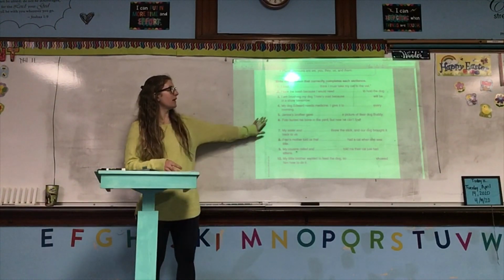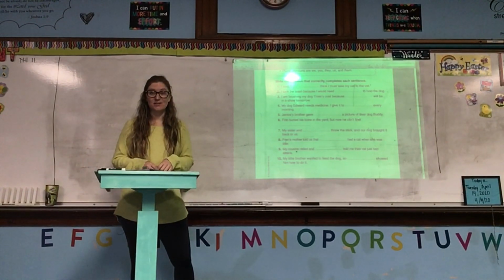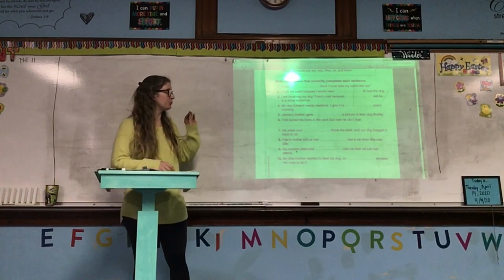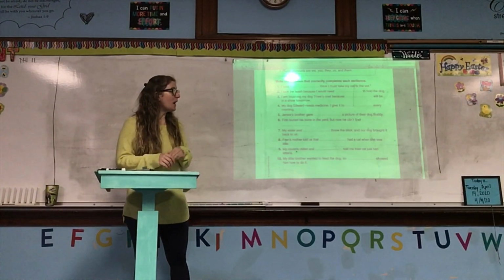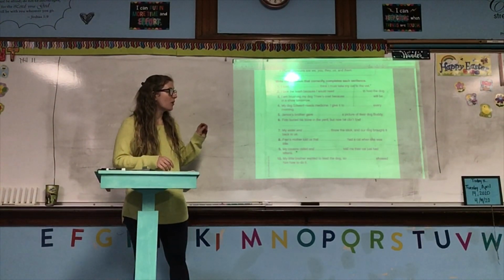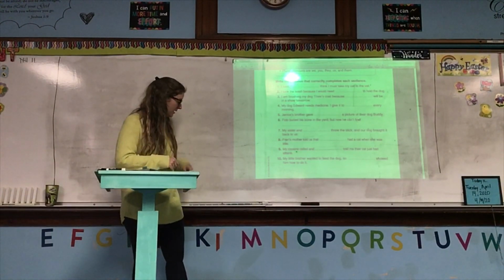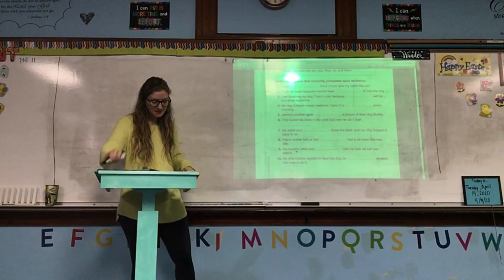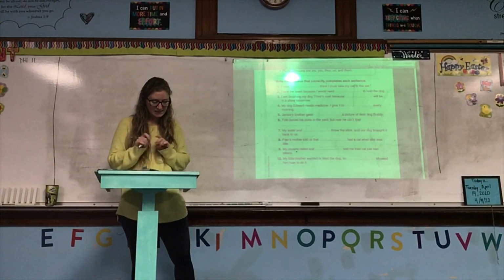So what we're going to do on this side is write the pronoun that correctly completes each sentence. So this is a little different. You have to read the sentence. We have no antecedent here. You have to figure out what the pronoun is based on the rest of the sentence. So number 1 says, I said, blank think I must take my cat to the vet.